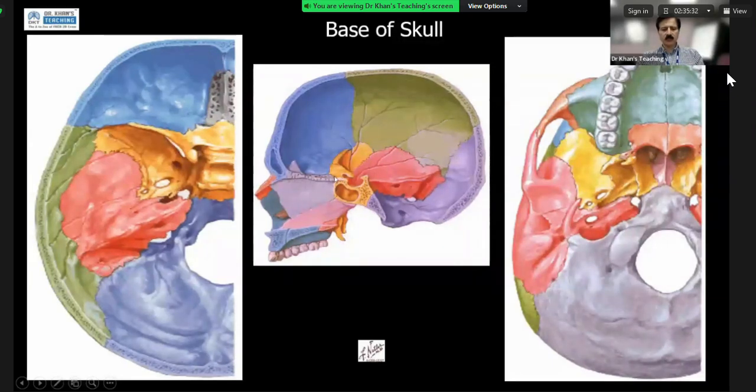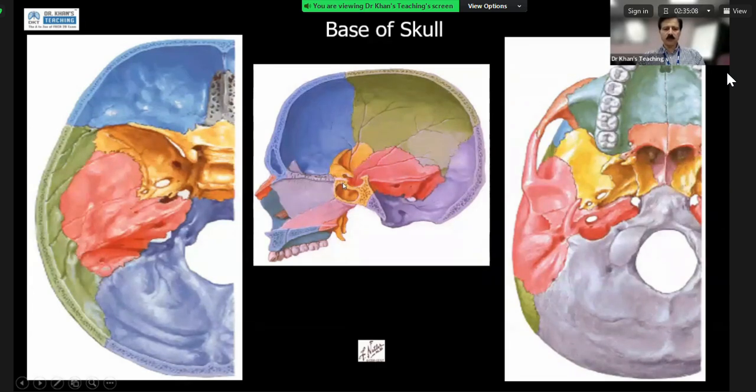Why is it relevant vocabulary-wise? You should know this because there will be meningiomas sitting here, and you will tell the examiner that this is a planum sphenoidale meningioma. And if a meningioma is sitting here, you will say that this is an olfactory groove meningioma. So these terms are important.